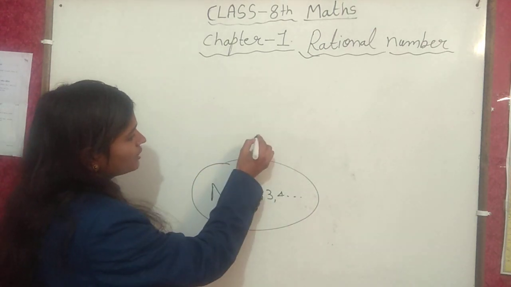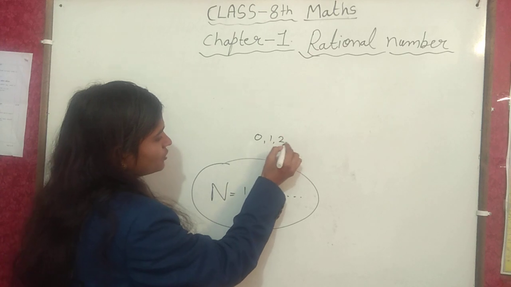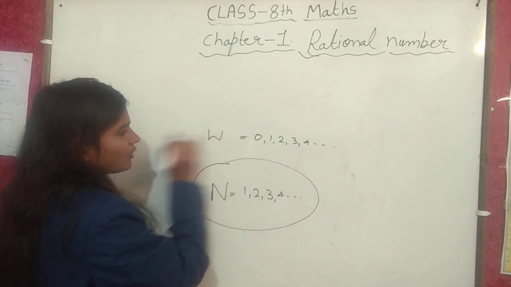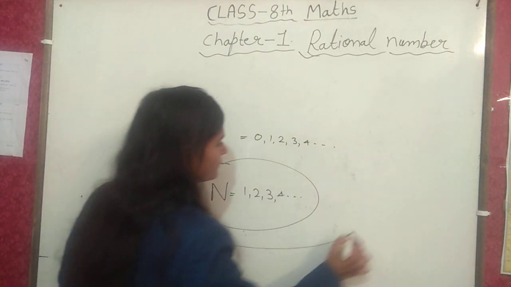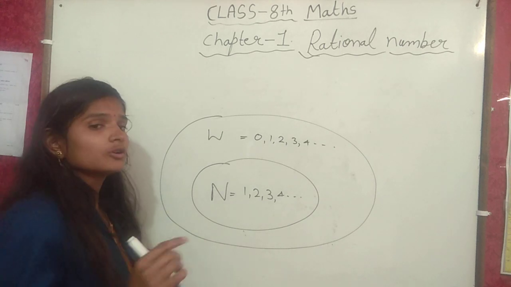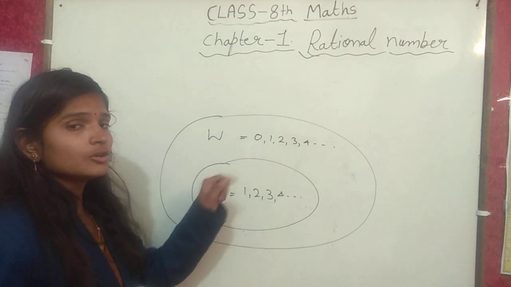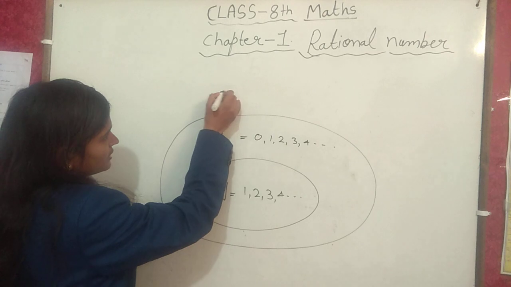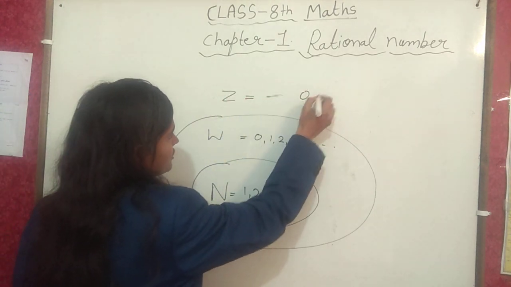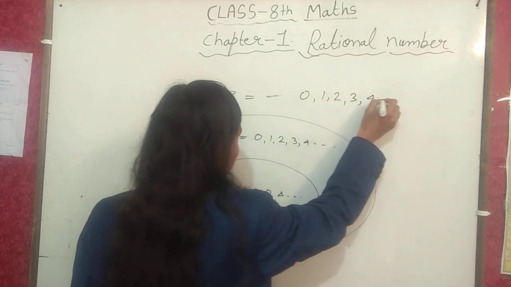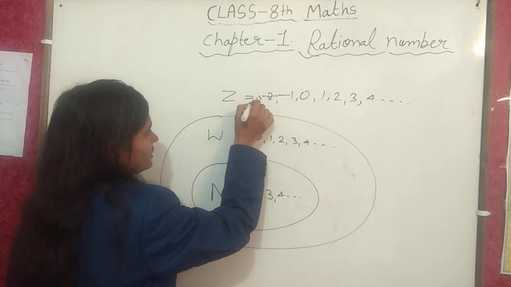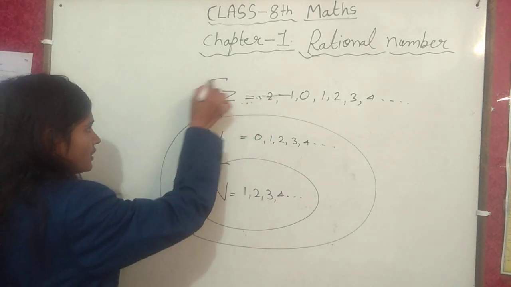When you include 0, 1, 2, 3, 4, it will become the whole numbers. And when you include the negative numbers in this, you will get the integers. Integers are denoted by Z. So in this we have 0, 1, 2, 3, 4, and negative numbers also -1, -2, -3.